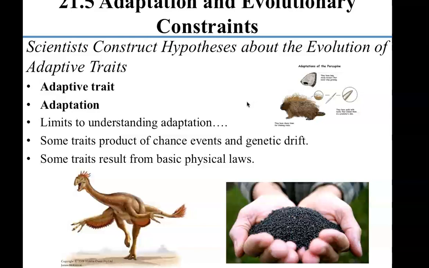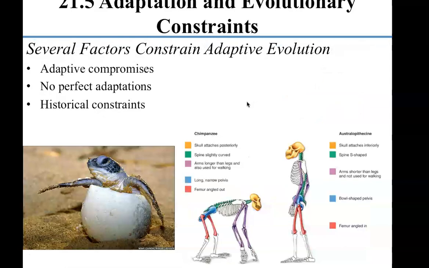And so physical laws place constraints on the evolutionary process. In other words, just physics and the environment help shape adaptations. So there are always going to be adaptive compromises in evolution.